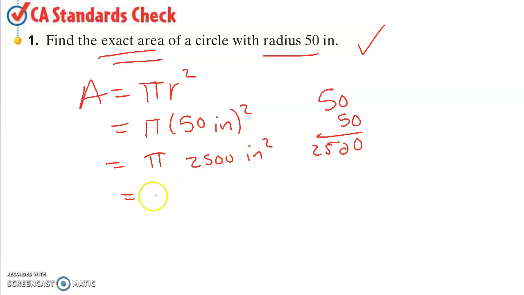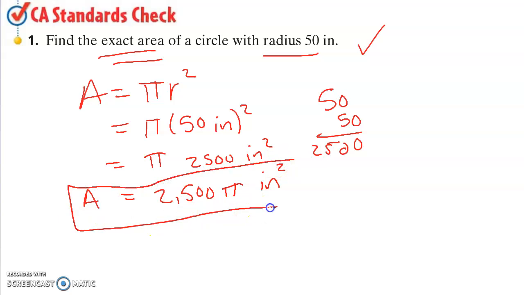And if we put this in the correct order, we usually want our numerical values in the front. And we say pi for dessert, we put it in the back. And our answer should be 2,500 pi inches squared, because area is squared.